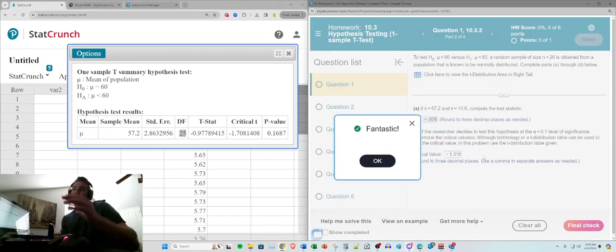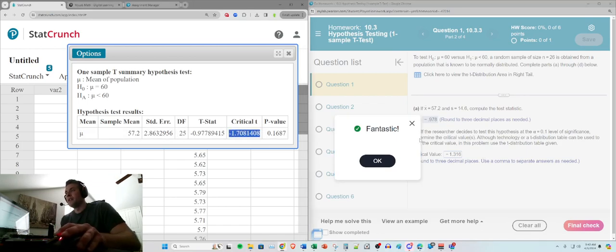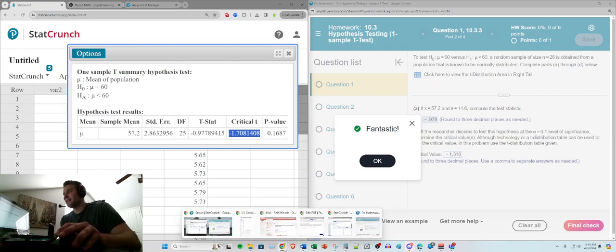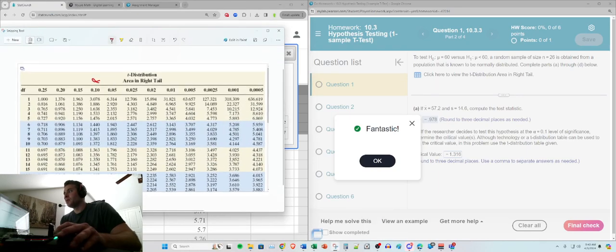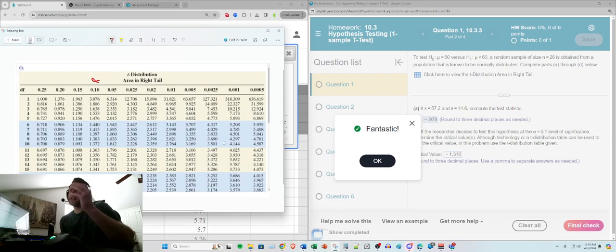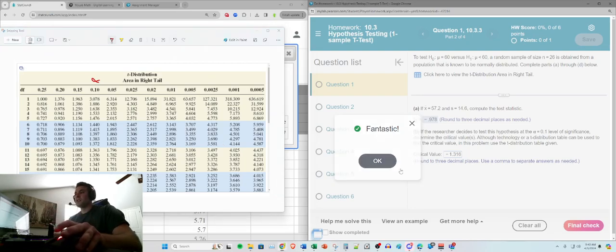I did the negative though because it's to the left. We have this negative value. It's to the left. You'll notice the table's all positive values. It is important that if you're doing a negative, like if it's a left tail, you change these to negatives. So all of these, by the way, are just z-scores, but we had to pick the correct direction on those.